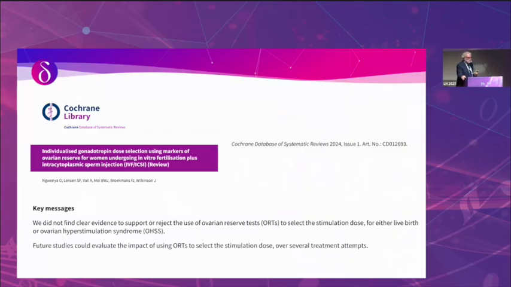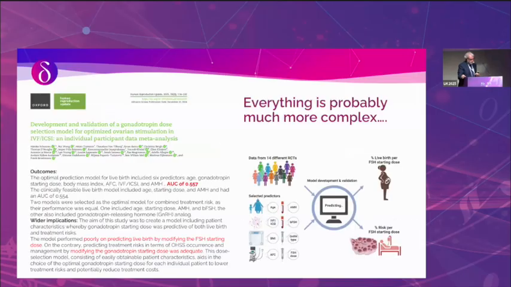But the Cochrane review says there is no clear evidence to support or reject the use of ovarian reserve tests to select the stimulation, either in relationship with the live birth or with ovarian hyperstimulation. This is sad news, but probably everything is more complex than suggested in this review.